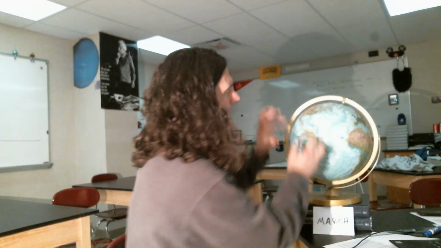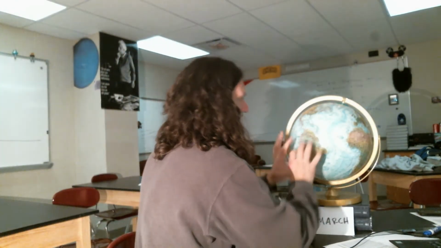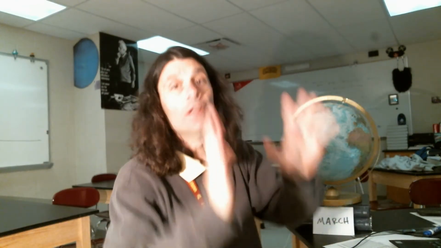And what if I put this light bulb as the sun inside it and projected the latitude and longitude lines out onto the ceiling, the walls, the floor of this room? You would see a grid system in the sky.